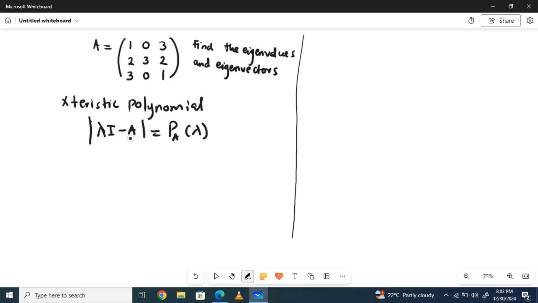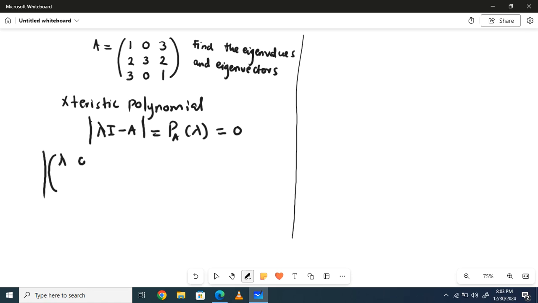This simply means lambda I minus A, and A is our matrix here. These bars are used to denote the determinant. If we equate this to 0, it becomes a characteristic equation. So we are going to proceed.